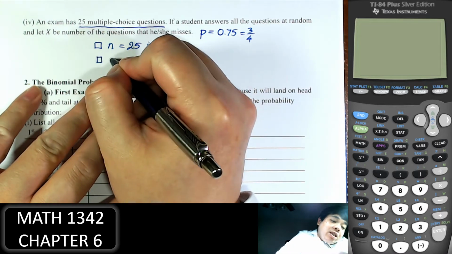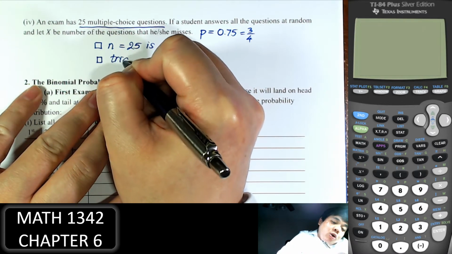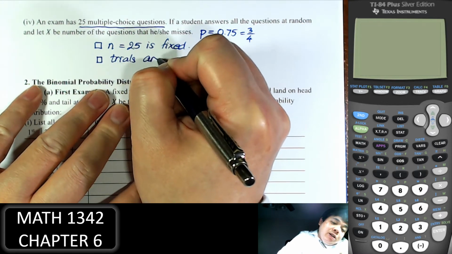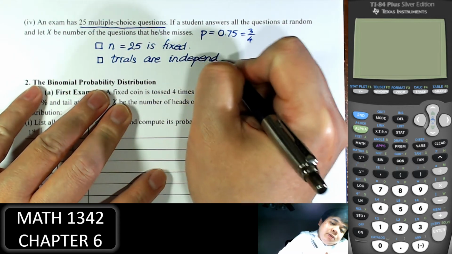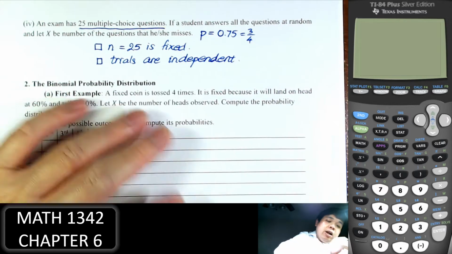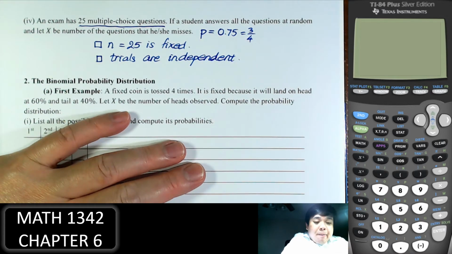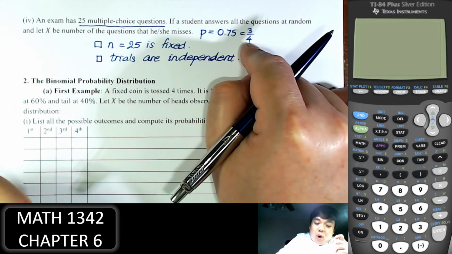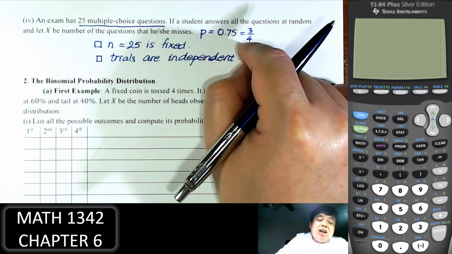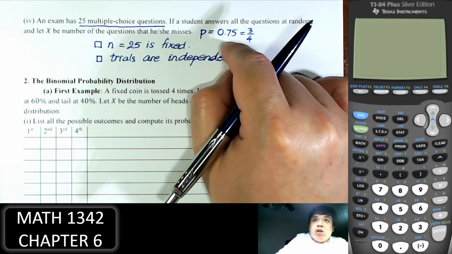So the trials are independent, and the probability of success, in this case missing the question, is 75%. The probability of failure, the complement, is 25%.